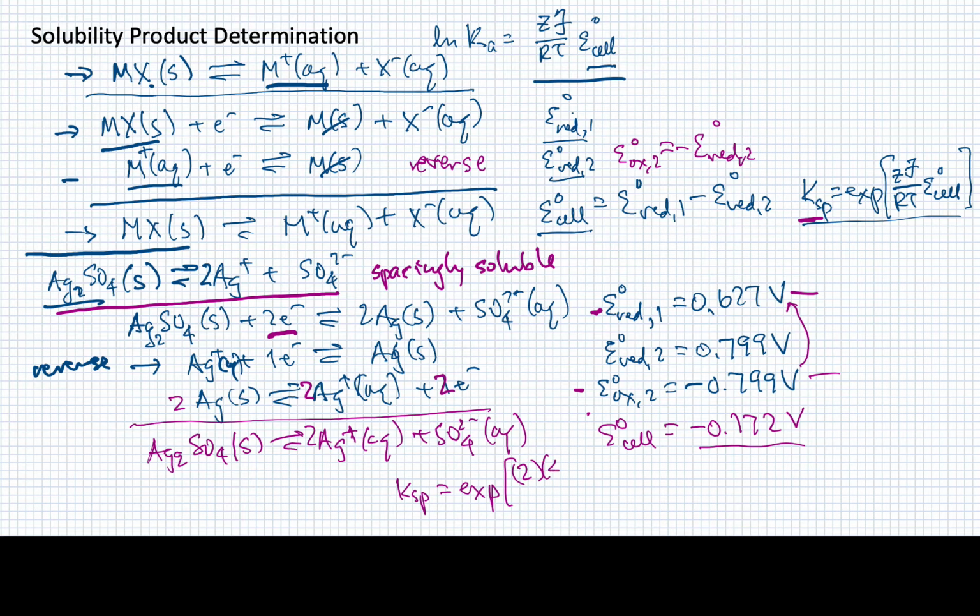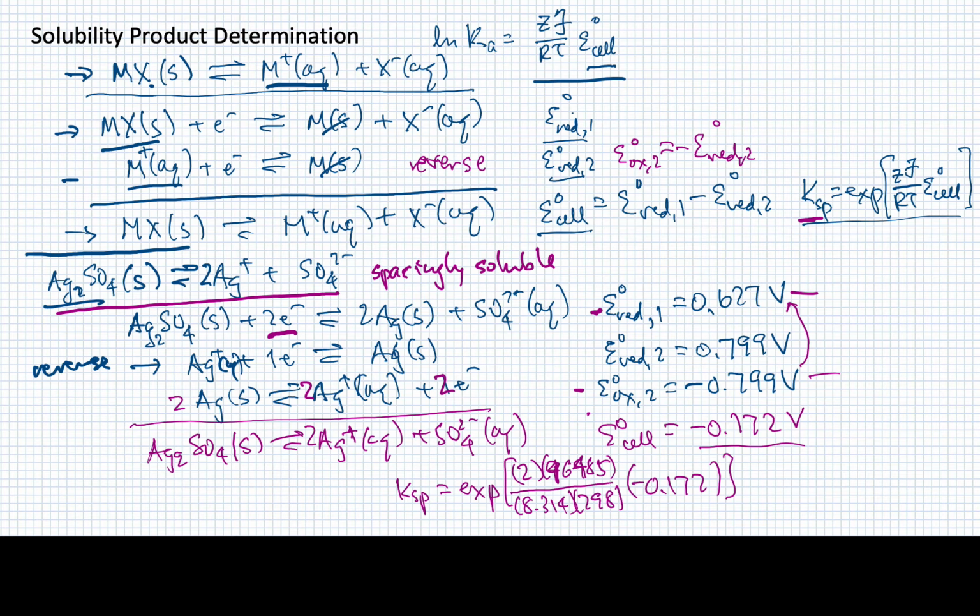Faraday constant is this large number, and divided by R, which is going to be 8.314, and temperature 298, and then our cell potential is going to be negative 0.172. And I got my thing mixed up here. This is 96.485. Sorry about that. Better to get the Faraday constant correct.